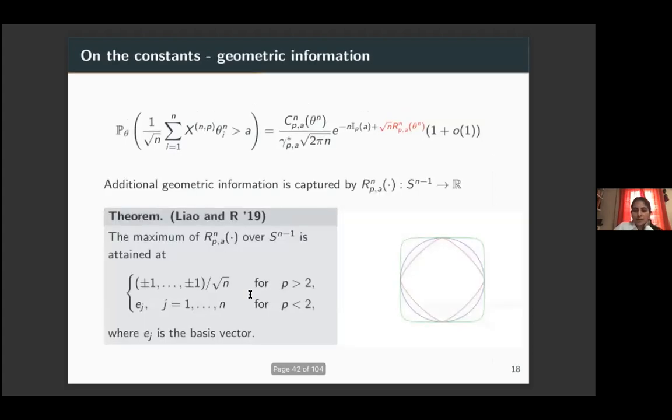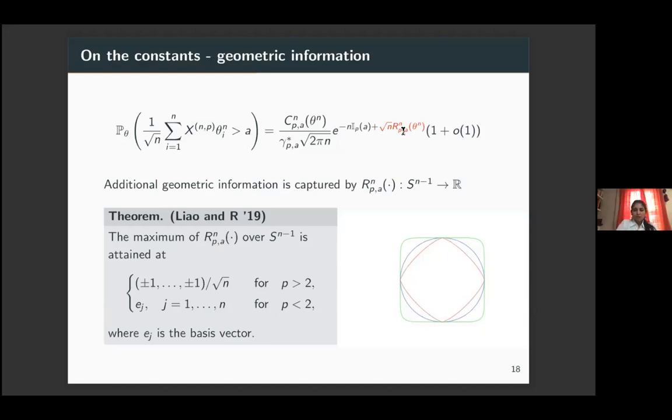Okay, coming back to the additional geometric information, can we just look at the constants and say something else? Maybe this is also useful, Nicola, for your question. Of course, this C_PA is important, but this is obviously the more dominant term, because there's a square root of n decay that it is inducing in the large deviation rate function. So if you look at the maximum of R_PAN over the sphere, you might get some idea of where you have the maximum decay, at least at the exponential scale, even if it's not e to the n but e to the square root of n, and where you have the least decay.